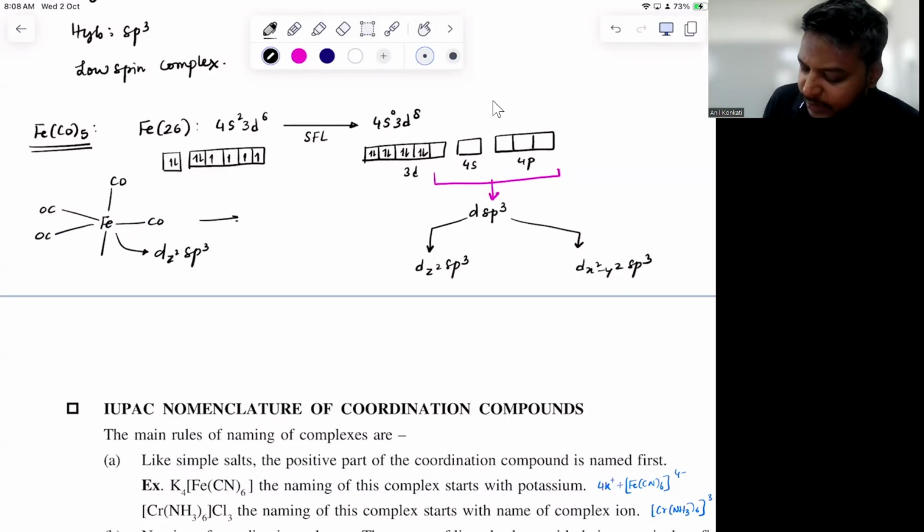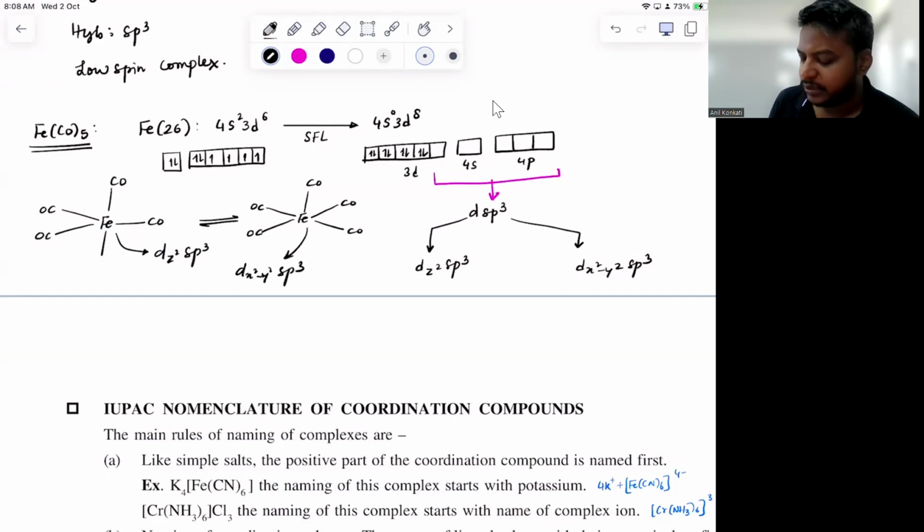In fact, this would keep changing as well, where we will have iron this way with a pyramidal shape. You can see it is a square pyramid also. So when you have it in a square pyramid, the hybridization is dx square minus y square and sp3 combination.